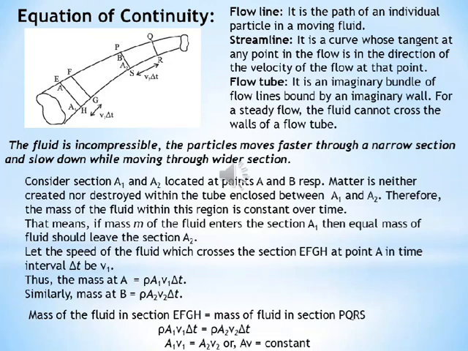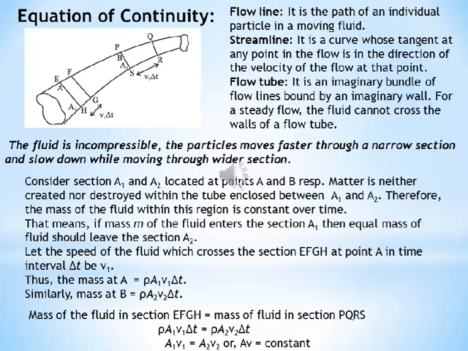How do we get this? If the fluid is moving from one point to another, at point A it is moving through area A1 with velocity V1 in time delta t. So the volume will be area into distance travelled. How much distance is travelled? Distance travelled is velocity into time.